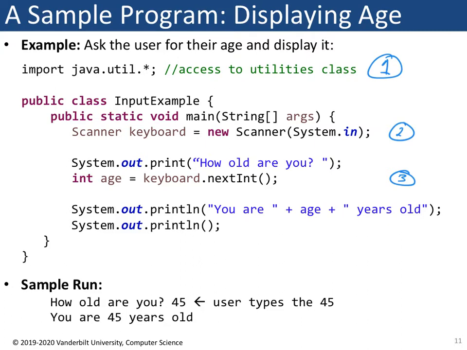So this is a way to be able to print multiple things in a single println statement. You can use the plus operator between strings and numbers to be able to combine them to print them using a single println statement. So, how old are you? The user types in 45. This is a comment just so that you understand where the user's interaction came in.